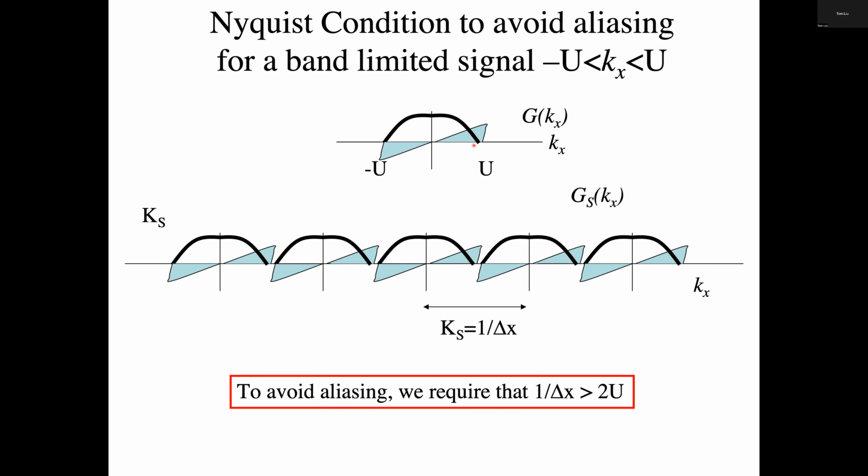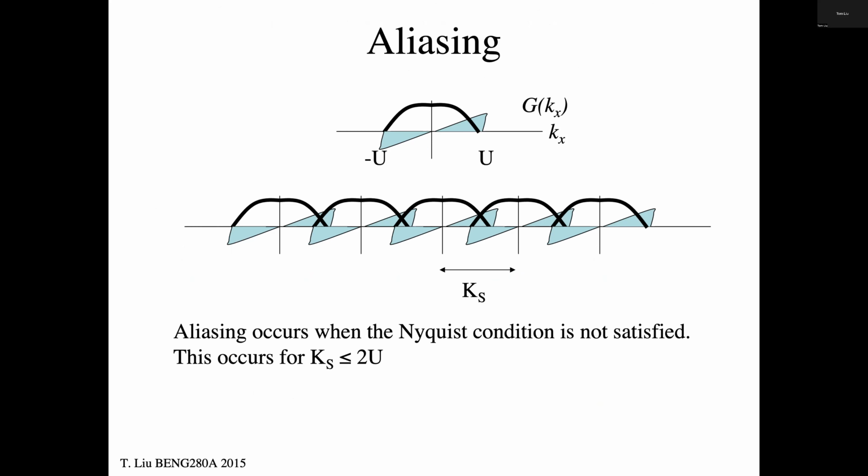Okay. So to avoid aliasing, 1 over delta x, that is my sampling rate, has to be greater than 2u. So it has to be greater than this width. And this is called the Nyquist criterion. Very famous.